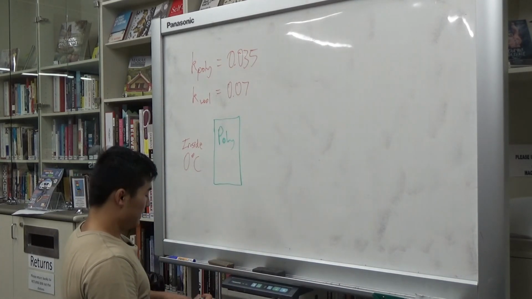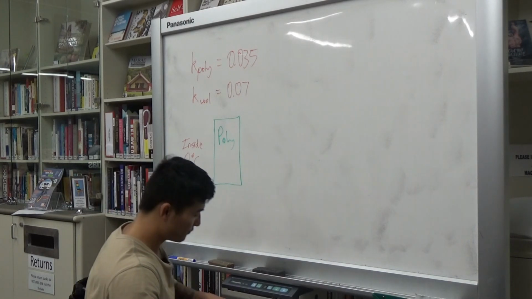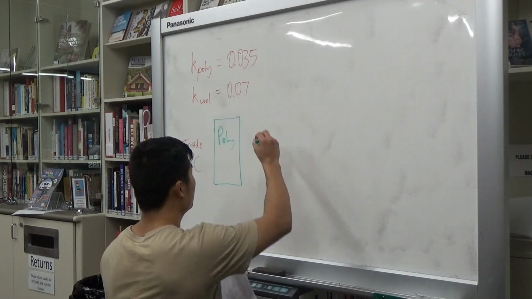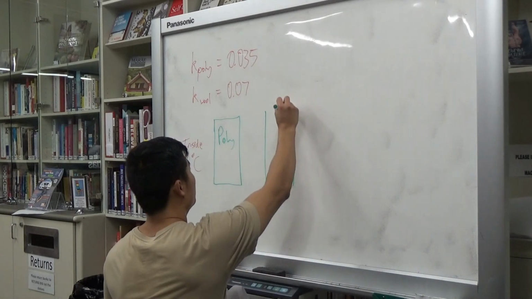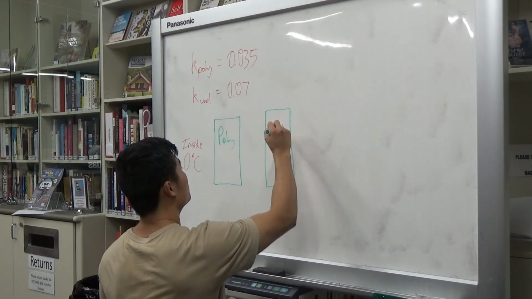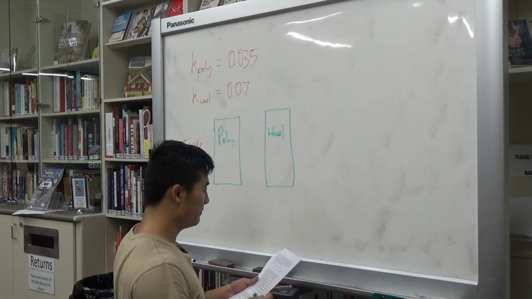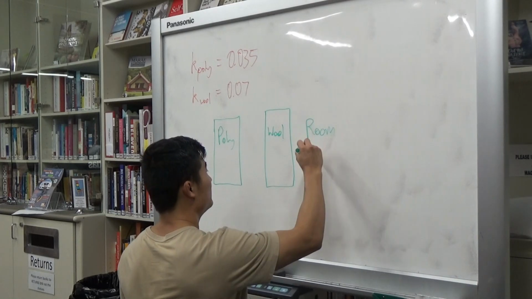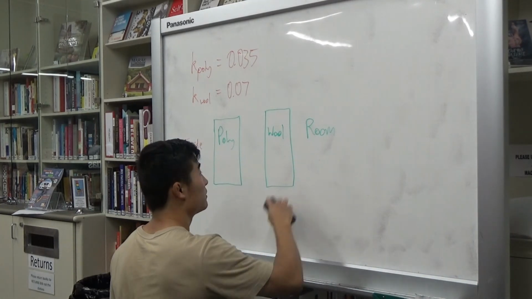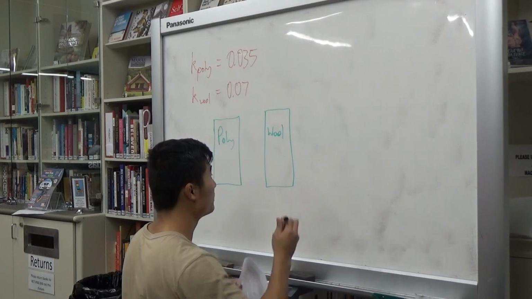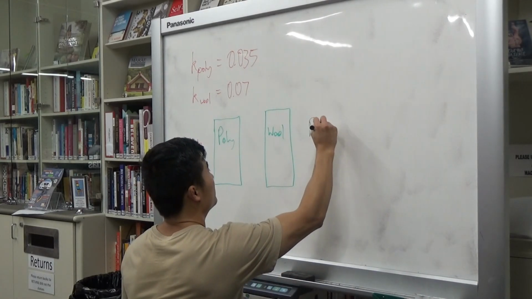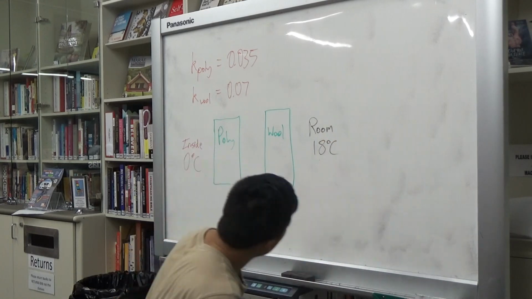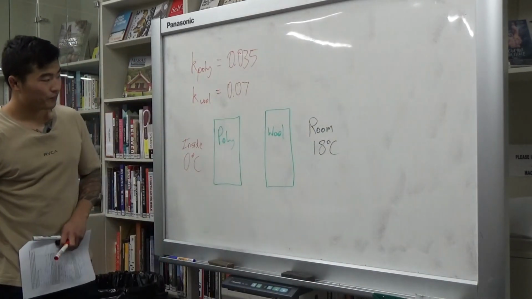And then you'll have your second layer of insulation, which is the wool. And then the room temperature is 18 degrees Celsius. Okay.